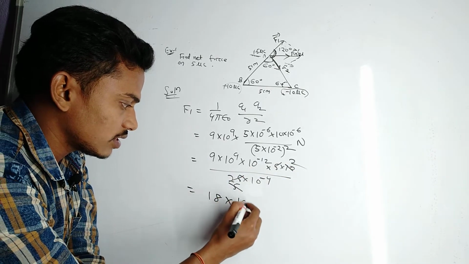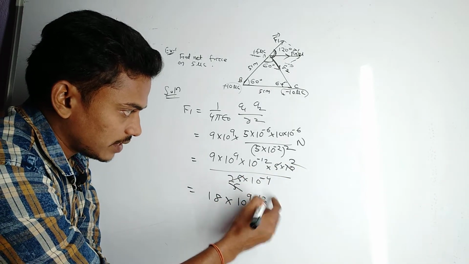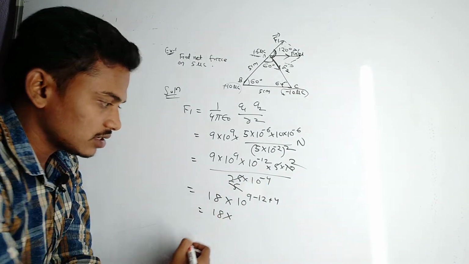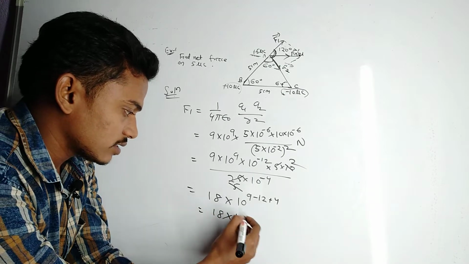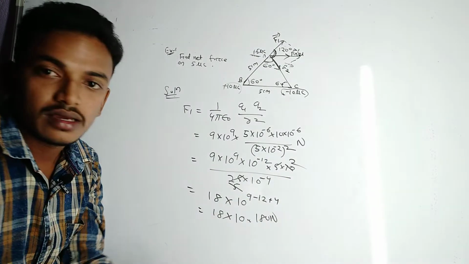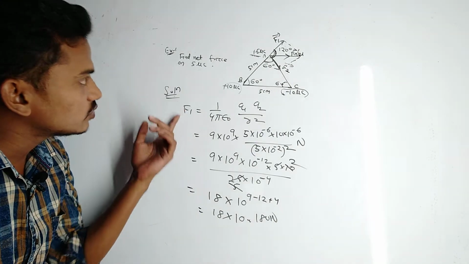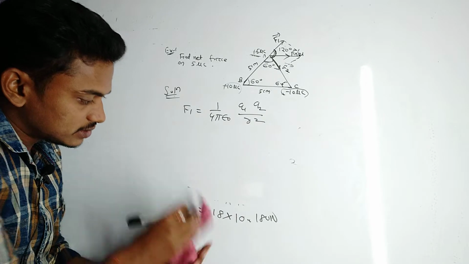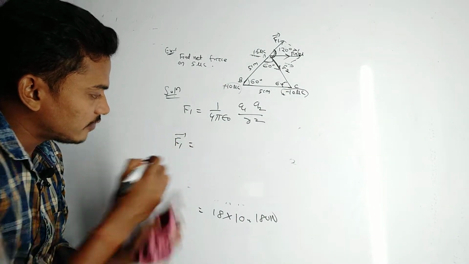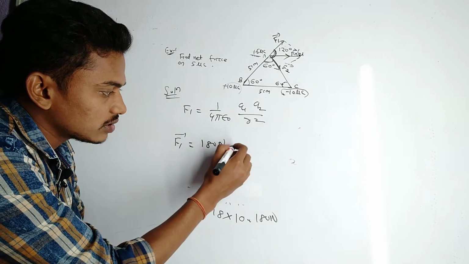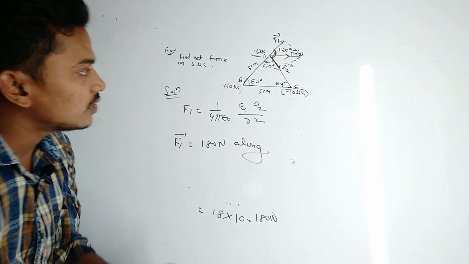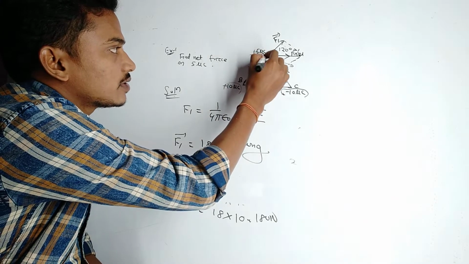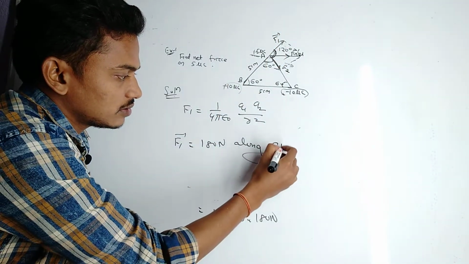So 18 into 10 to the power 9 minus 12 plus 4, which is 18 into 10, that's equal to 180 Newton. This is the magnitude of F1, and the direction of F1 you can write like this: F1 vector is 180 Newton along B to A, along BA.